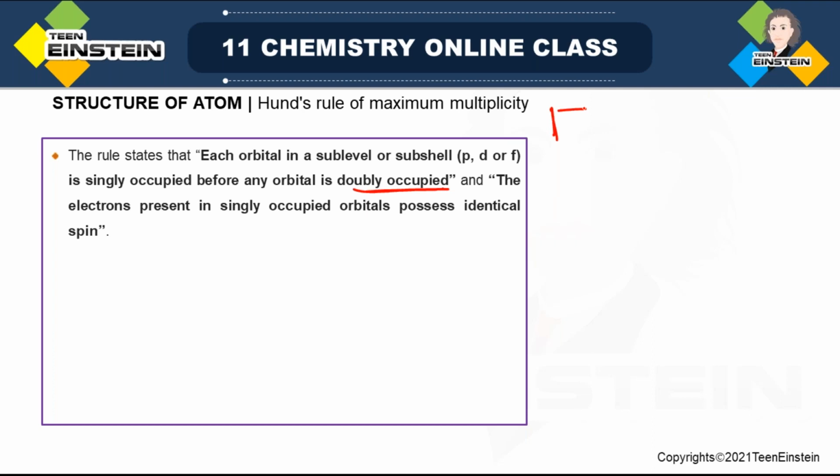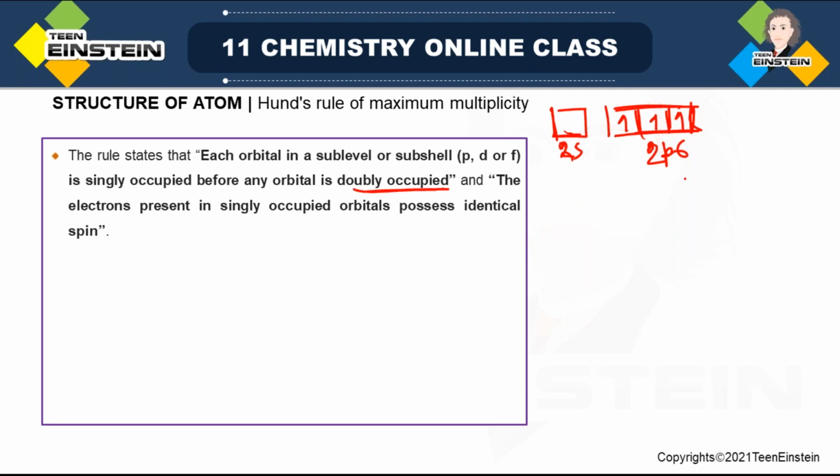Suppose we have 2s and 2p. In the 2p sublevel, take the previous example, 2p6. How will you place all these electrons? It must be placed like this: first one, next one, then one.